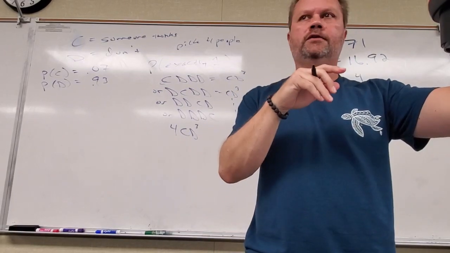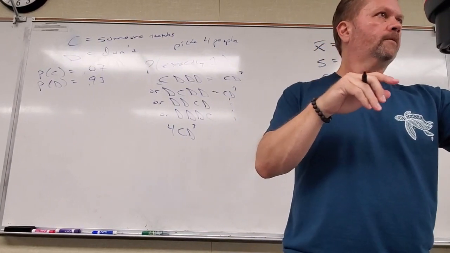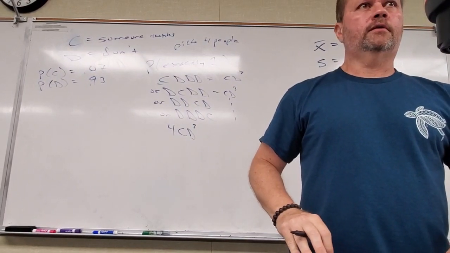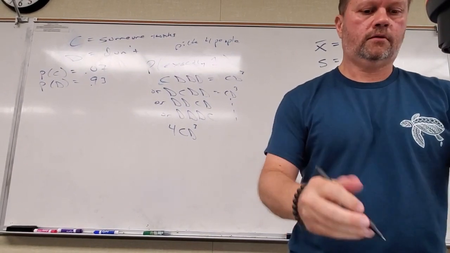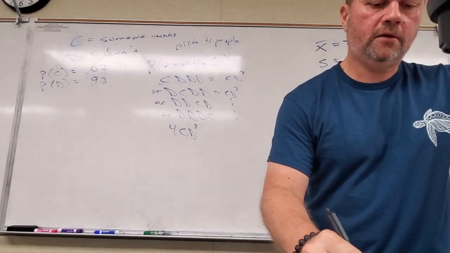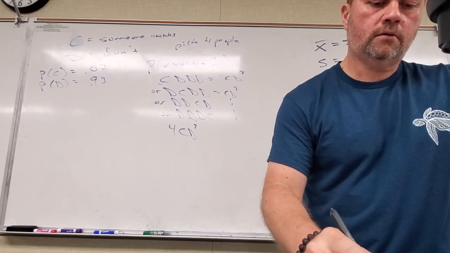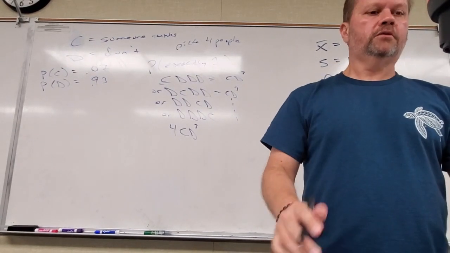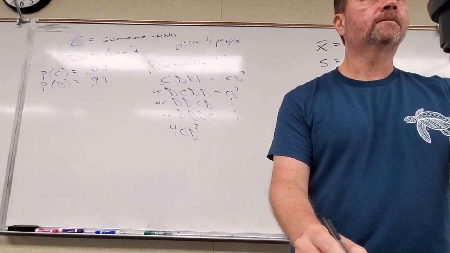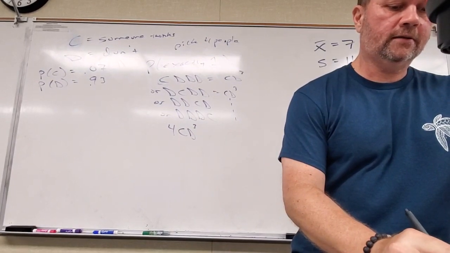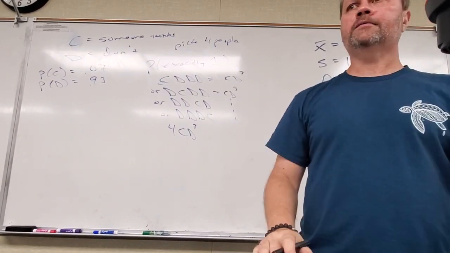Give everybody just a second. Can you find that? The probability of C and B over P of C. Good. Do we know P of C? Yes. P of C is 0.07, right?